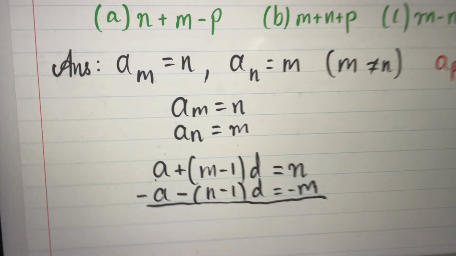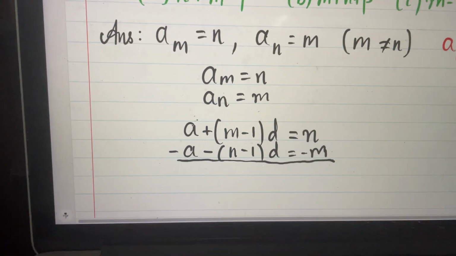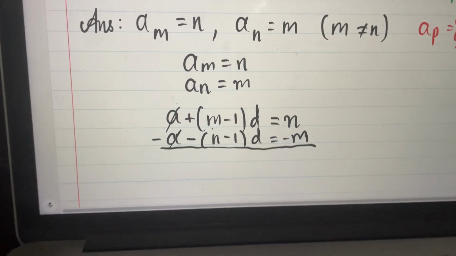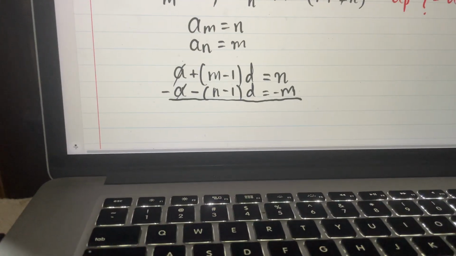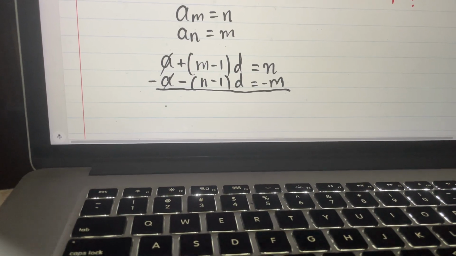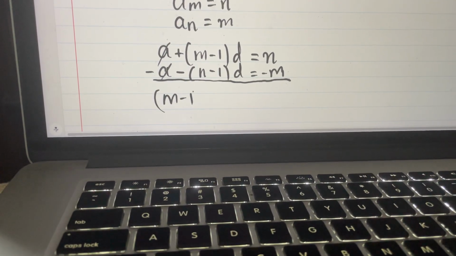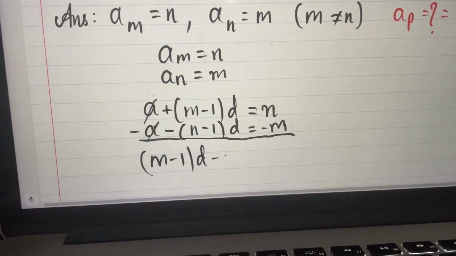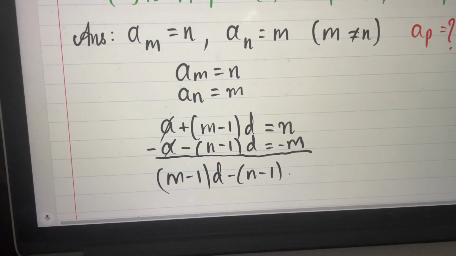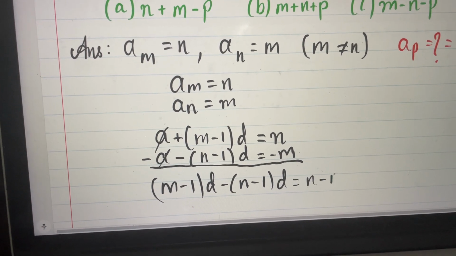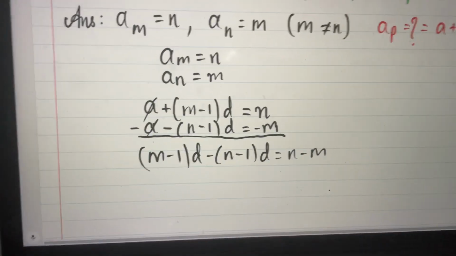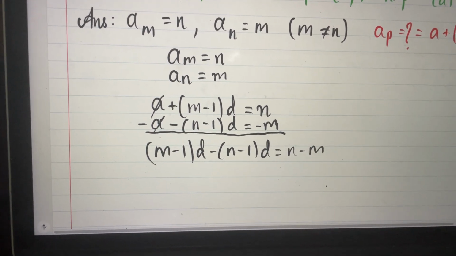Cool. And yes, we can get rid of the a. That's nice. Now let's subtract. (m minus 1) times d minus (n minus 1) times d is equal to n minus m. I feel we are getting somewhere.